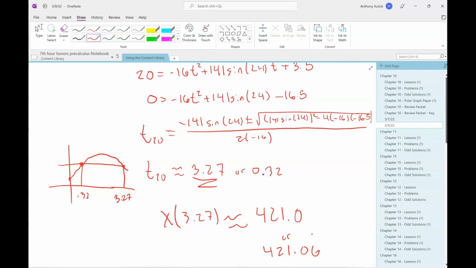We're using either the x or y equation to find a time to plug into the other one, just depending on whether we're asking about where the ball, how far the ball is away horizontally or how high the ball is vertically, will dictate whether we should start with either the x equation or the y equation. Does that feel okay?